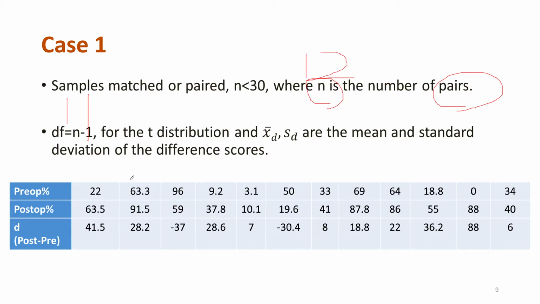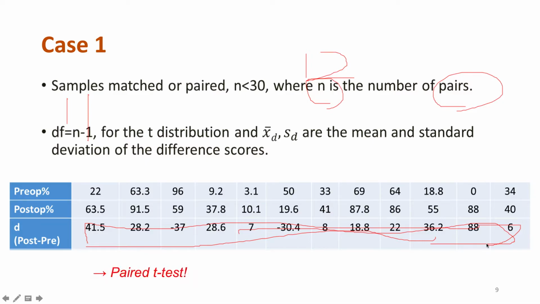Yeah, and for the t distribution, x bar d and SD are the mean and standard deviation of the difference scores. So here, the data we're actually using to test is this one. It's a paired t-test.